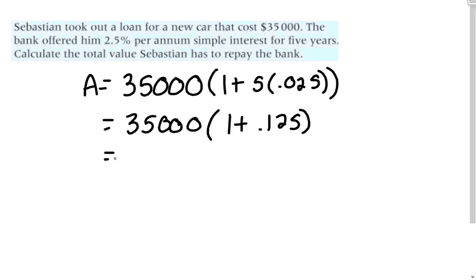Add that to it, multiply, and we end up getting $39,375. So you could just find the interest rate if you didn't do the 1 plus. If you just multiplied the 35,000 by this, you'd just find out how much interest that he had to pay.